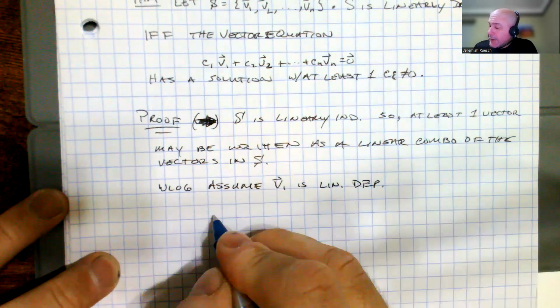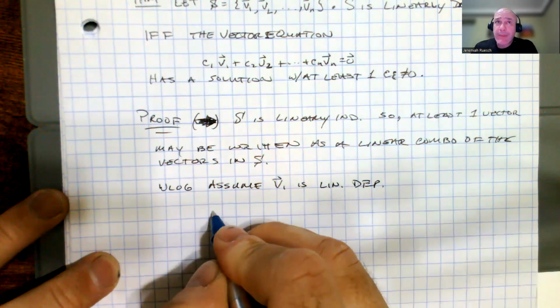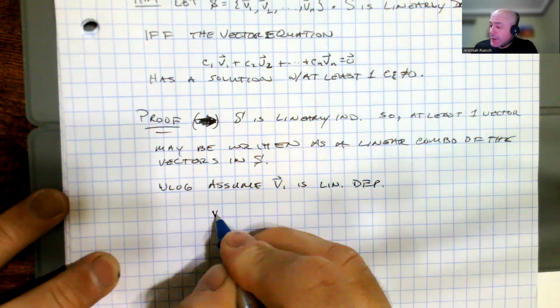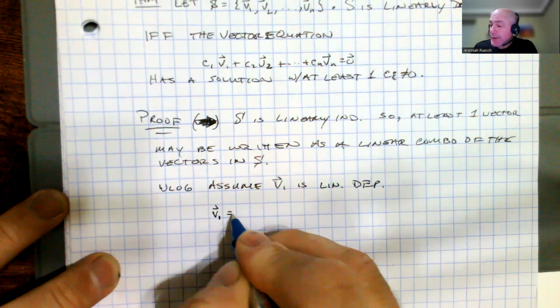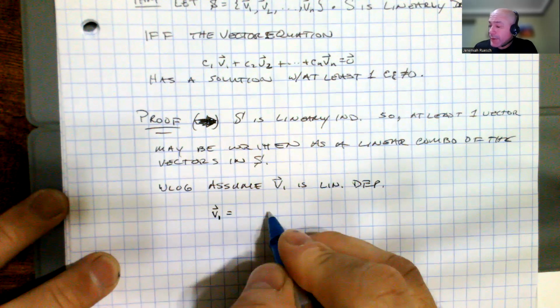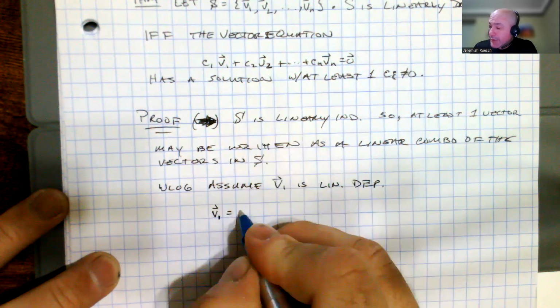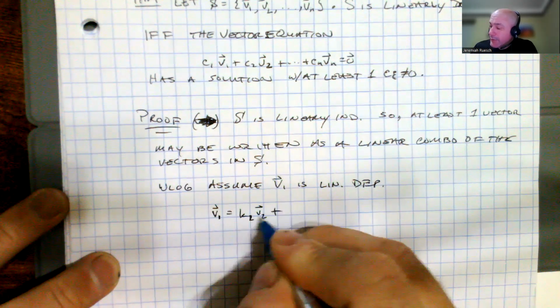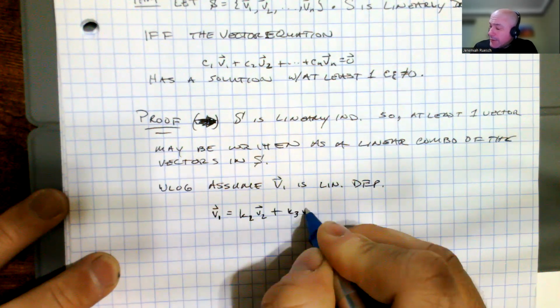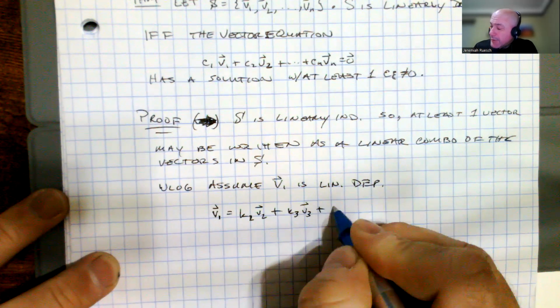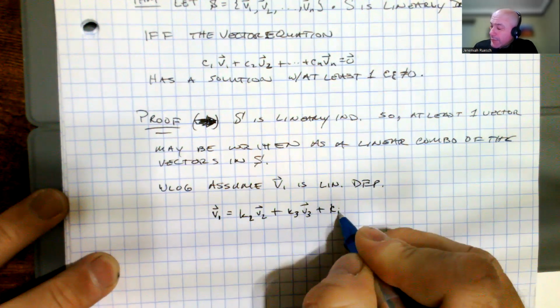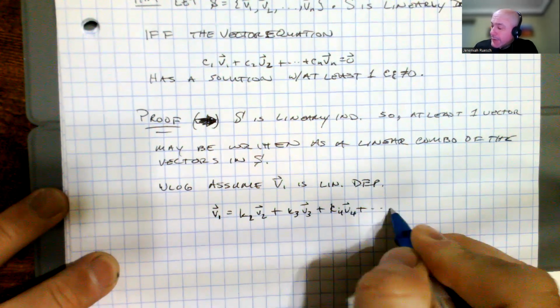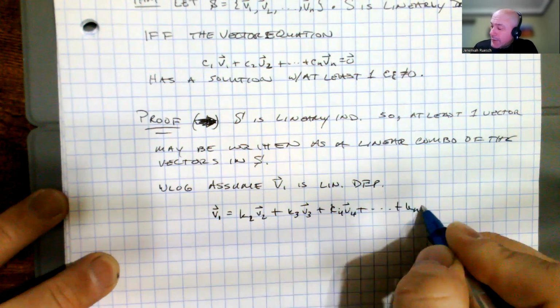That means v1 can be written as a linear combination of the vectors of S. Let's call the coefficients k2, to keep the subscripts the same: k2 v2 plus k3 v3 plus k4 v4, you get the idea, plus dot dot dot plus kn vn.